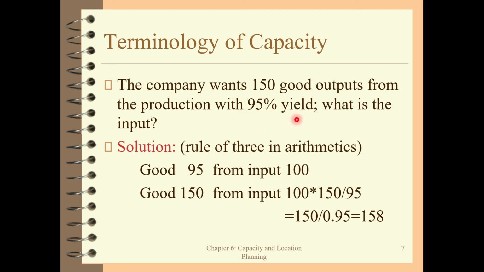This is the definition of yield. So if you want 150 good output, it must come from an input of 100 multiplied by 150 and divided by 95. That is the rule of 3 in arithmetic. And then you get this number, 158 input. So you have to put in an input of 158 in order to get 150 good output.